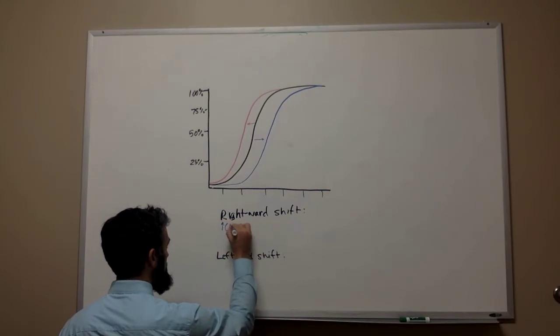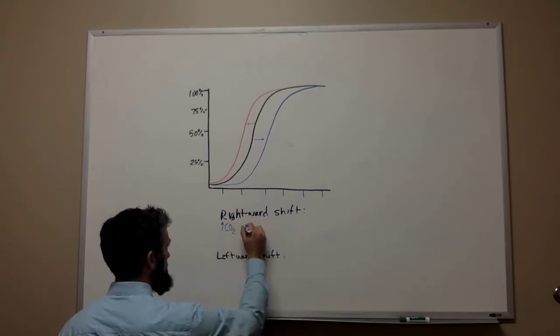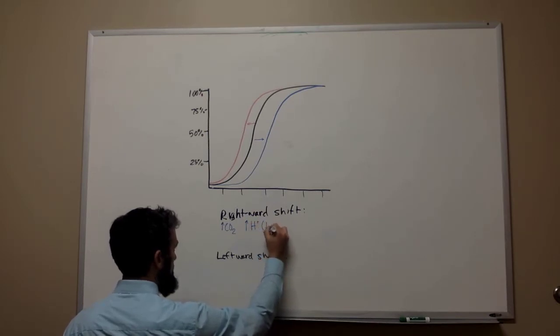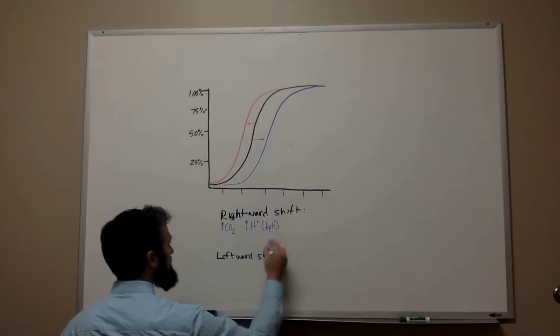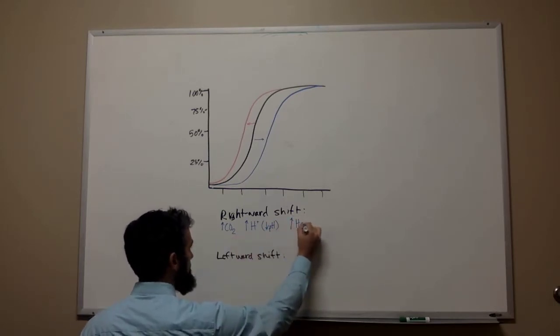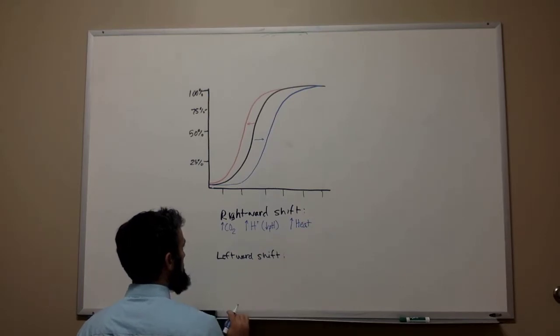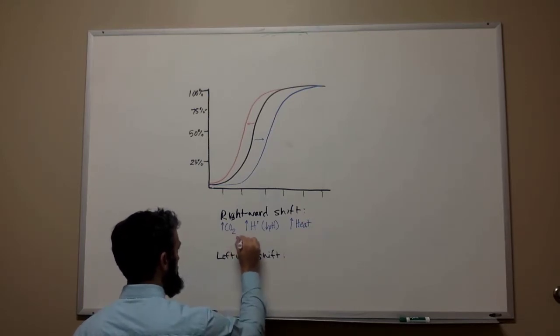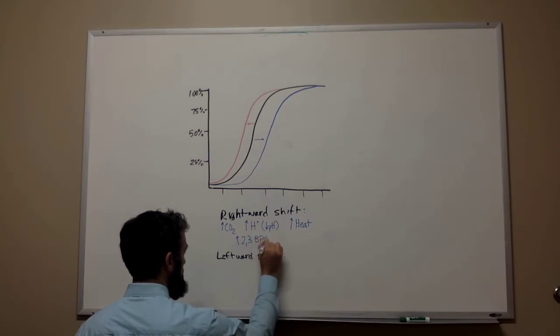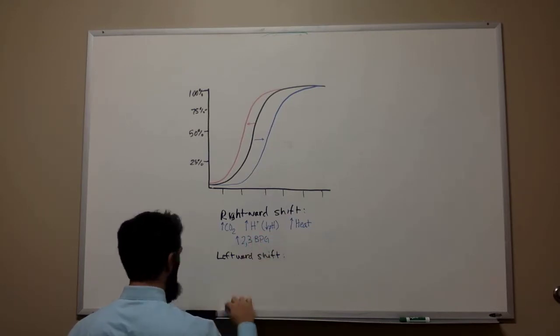It's just a common byproduct that happens when you break down glucose, and that is called 2,3-BPG. So once again, an increase in CO2, an increase in H+, an increase in heat, and an increase in 2,3-BPG. It's easiest to think of all of them as an increase, but realize that an increase in hydrogen ions means that it's actually going to be a decrease in pH.